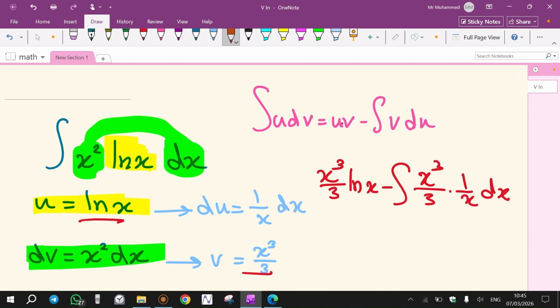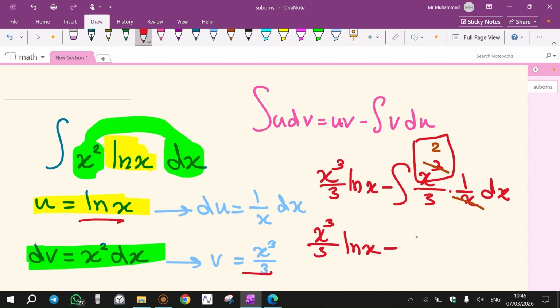There's a bit of cancelling. This 3 becomes 2. This x cancels out. Now what's remaining is x power 3 over 3 ln x minus, here I have x power 2. Integral of x power 2 is x power 3 over 3. Don't forget this 3 down is division.